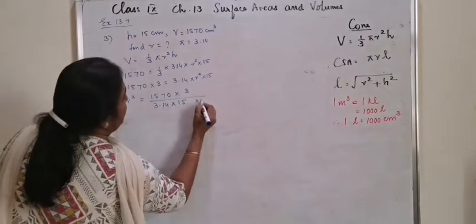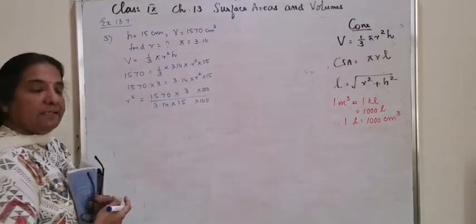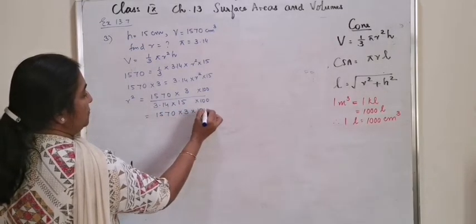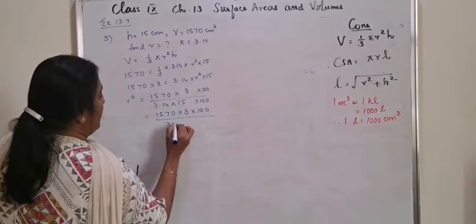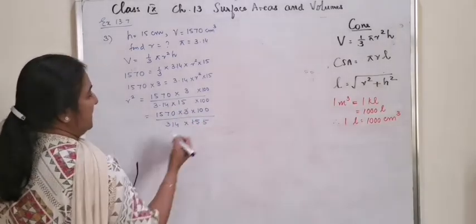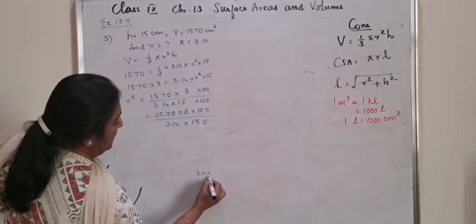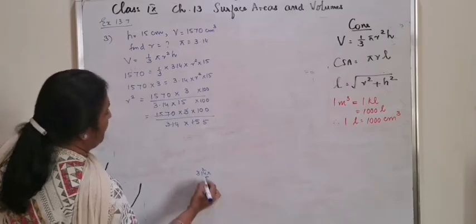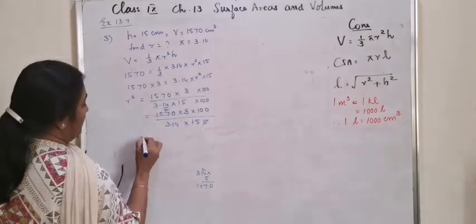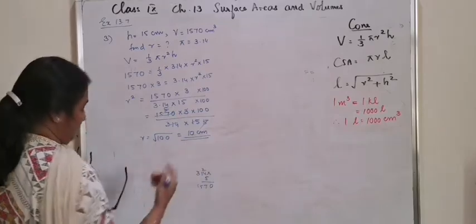Let's remove the decimal place first by multiplying by 100 in the numerator and denominator. 1570 into 3 into 100 divided by 314 into 15. 3 and 15 is 5 times, and if you check, it will go 314 into 5 times. It is 5, or this gets cancelled, so the radius is equal to square root of 100, which is equal to 10 centimeter.